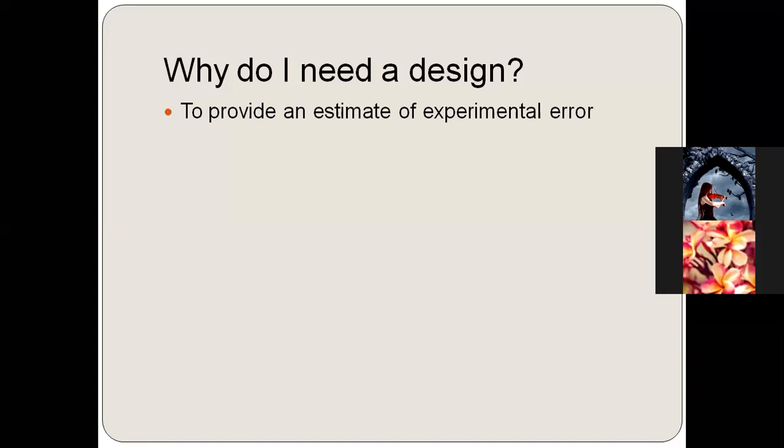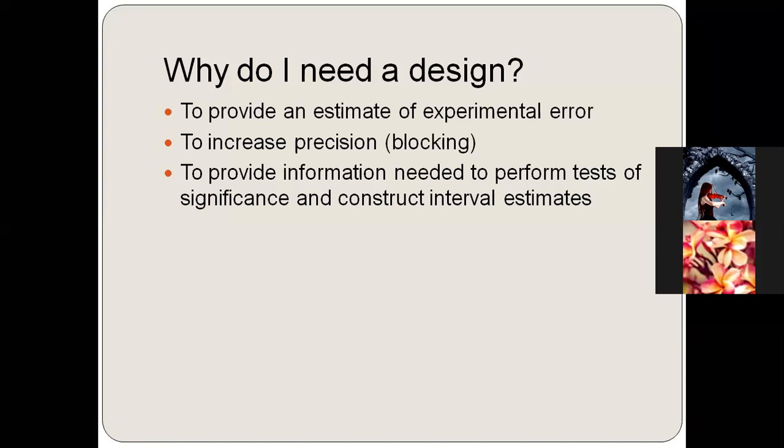So to provide the estimate of the experimental error, to increase the precision, blocking, and so on. We will talk about that once we come to blocking. To provide information needed to perform tests of significance and conduct interval estimates. When we talk about designs, we will be discussing this, right?